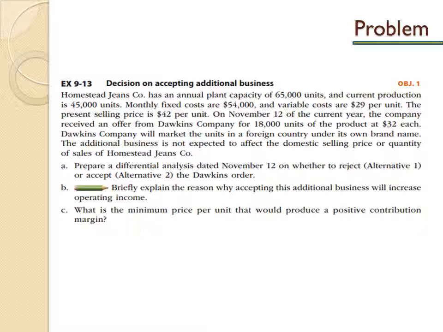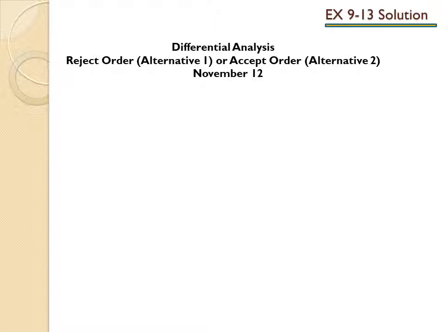Let's find out! Finally, let's answer EX9-13 for Homestead Jeans Company. Alternative 1 is to reject the order and Alternative 2 is to accept the order. Before anything else, let us examine whether accepting the offer of 18,000 units, the company would still operate within plant capacity.